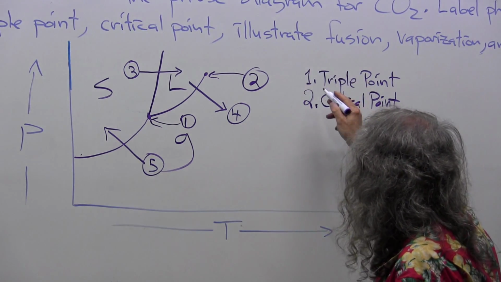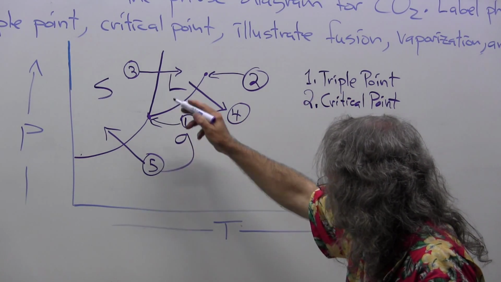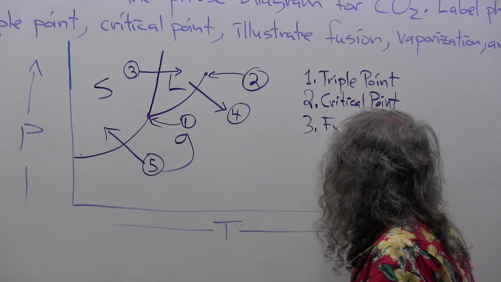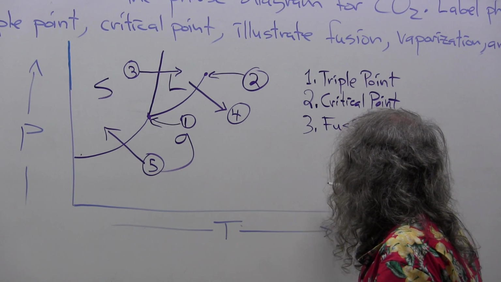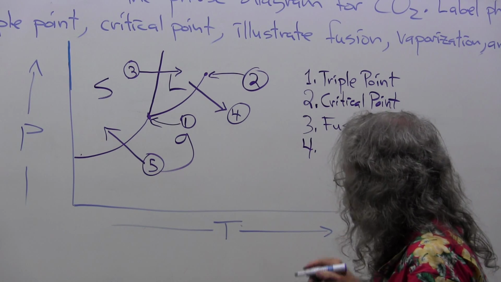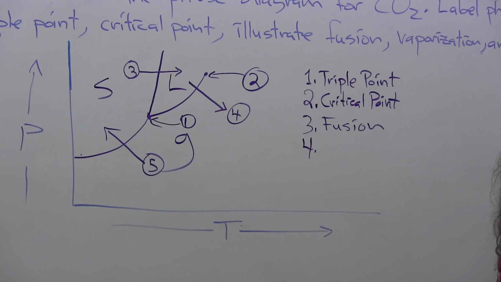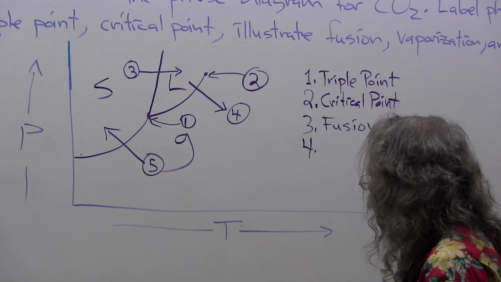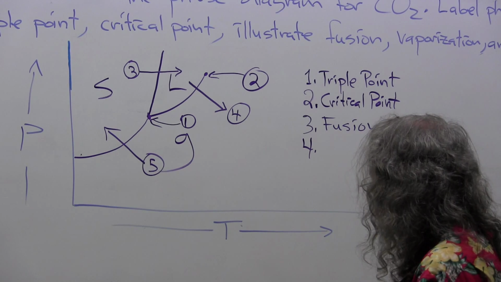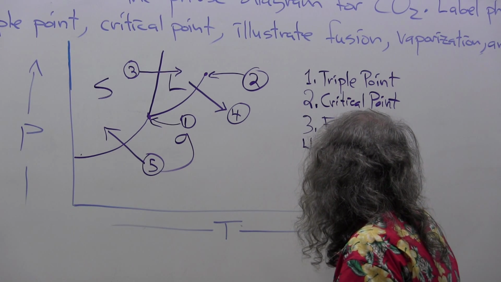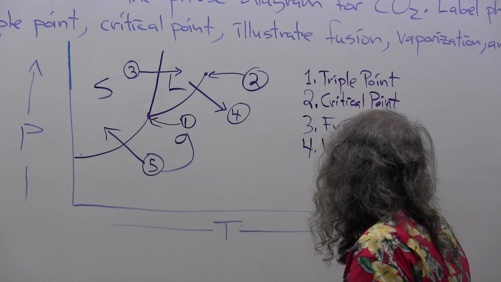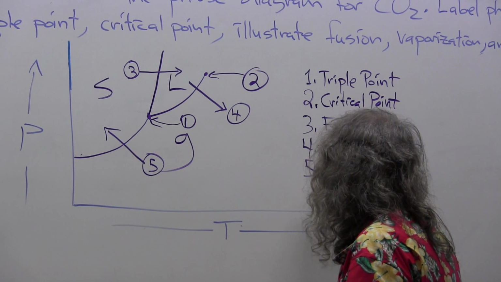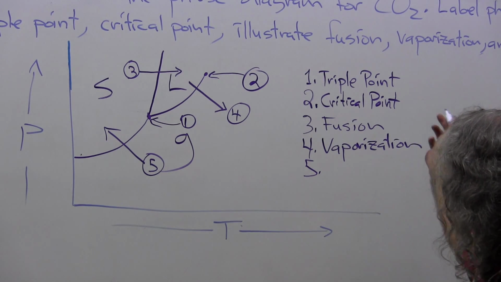So I've got triple point. 3 is fusion, which is the melting, another word for melting the solid. 4 is the vaporization. And 5 is deposition.